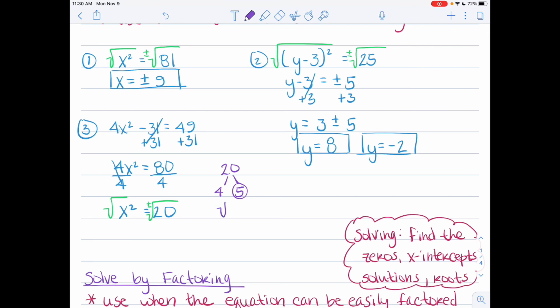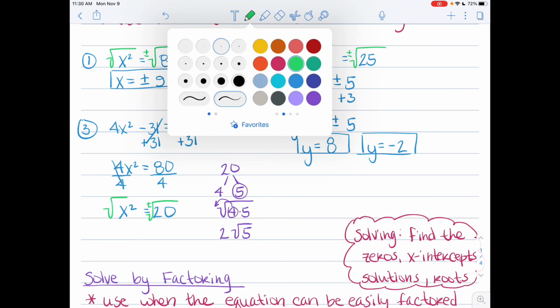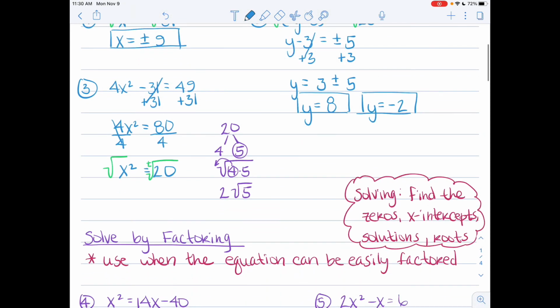So the square root of 20 could be rewritten as the square root of 4 times 5, but that 4 could be pulled out to the front as a 2 and then square root of 5. So let's go ahead and finalize our answer by saying that x is equal to positive or negative 2 square root of 5.